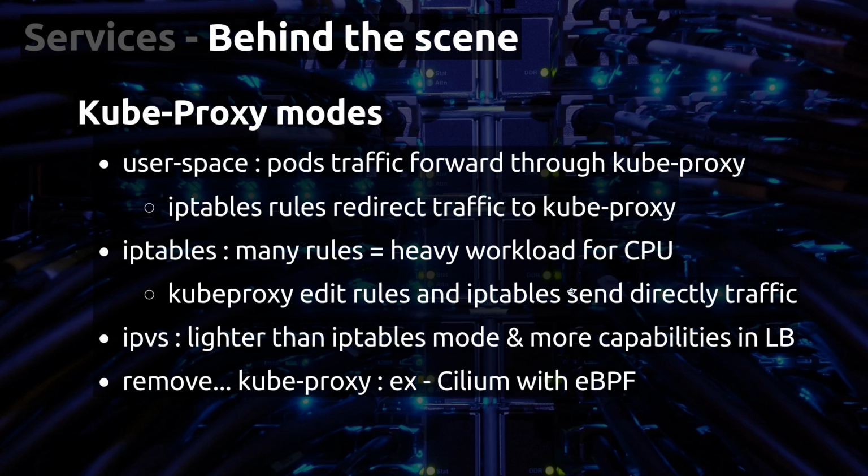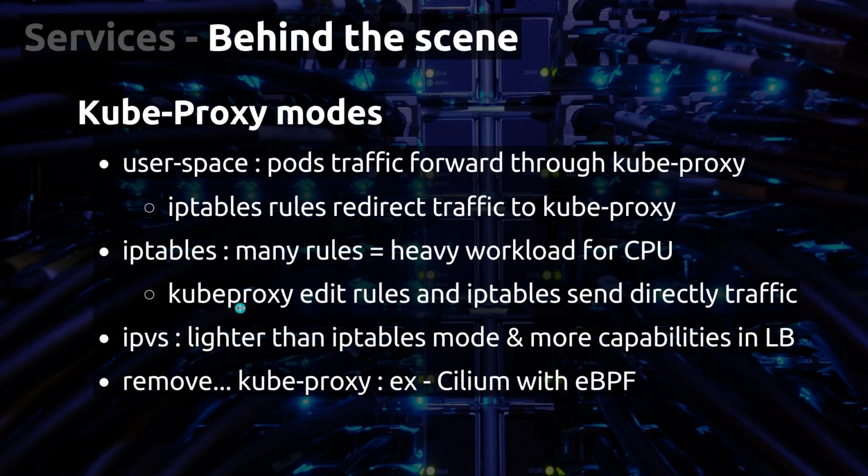We will see how for just one service we can have multiple rules. But many rules means a heavy workload for your CPU and increased latency, because iptables can just handle each rule sequentially. So this is just incremental, and that takes a lot of time and a lot of CPU cycles.